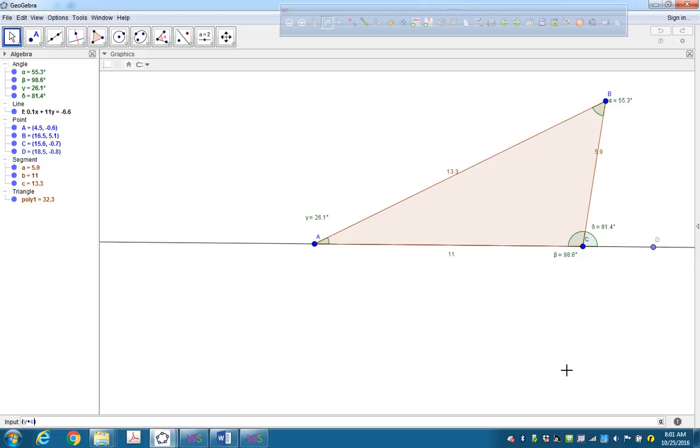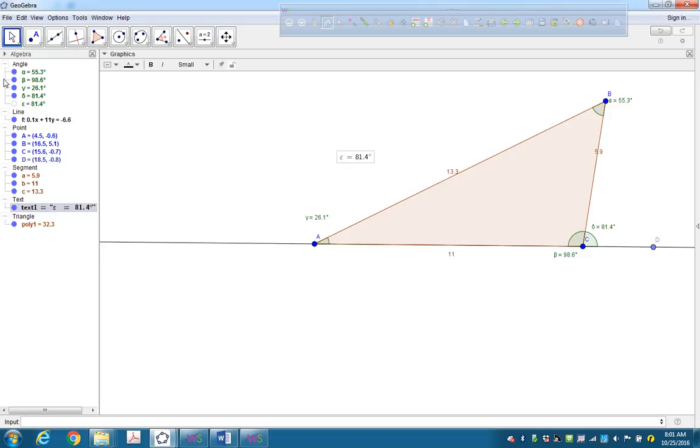Then all I'm going to do is hit enter. That comes out to be 81.4. Can I drag that? Oh, look, I could drag it. You could just drag it from right over there. This is the sum of this angle plus that angle.